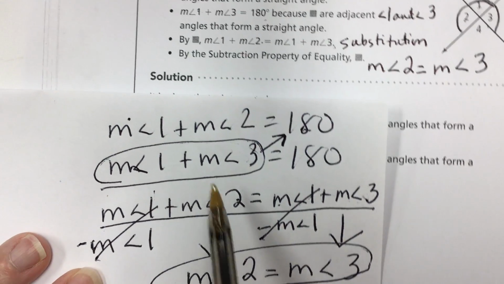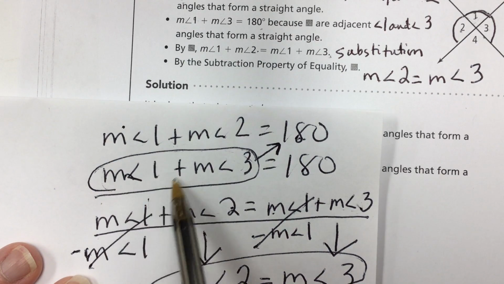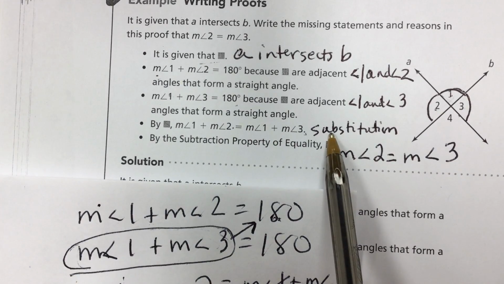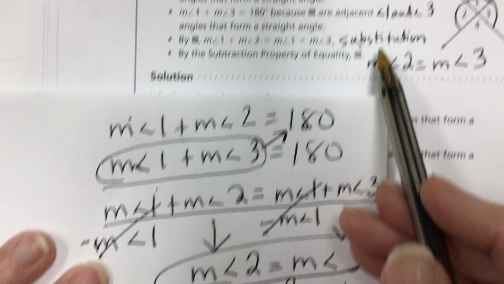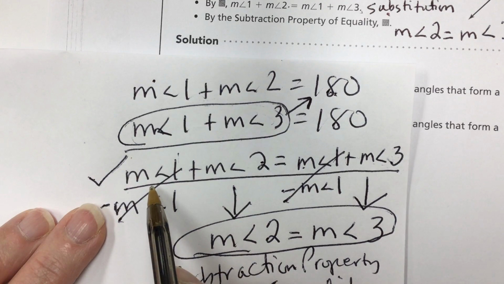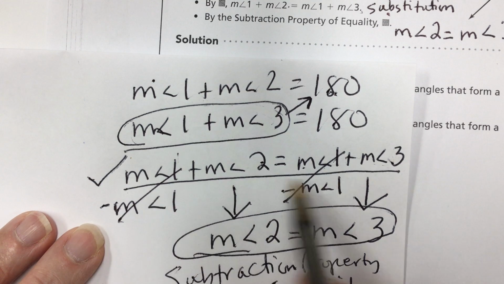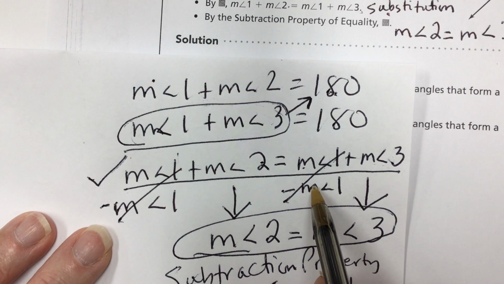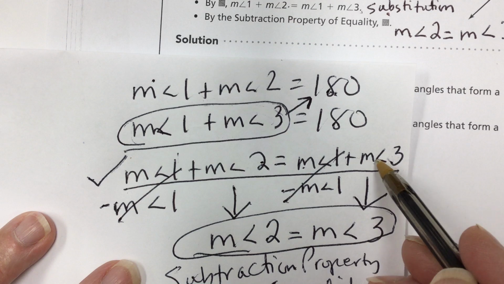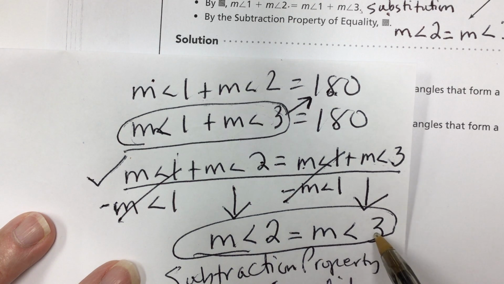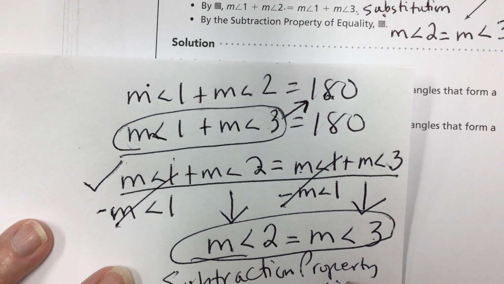Remember, I plugged in the measure of angle 1 plus the measure of angle 3 for 180 by substitution. And then I got to this step here with my check mark. Then I used subtraction, subtracting angle 1 from both sides, giving me that final proof that I needed, that the measure of angle 2 equals the measure of angle 3 by the subtraction property.